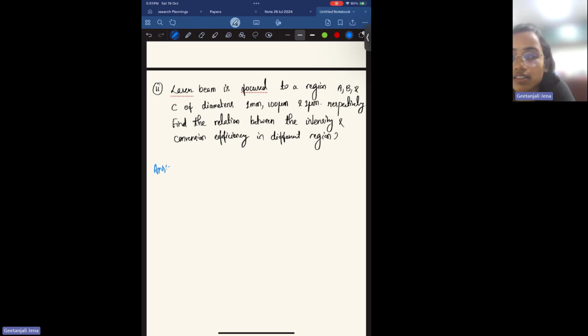The question says, a laser beam is focused to regions A, B, C of diameter 1 millimeter, 100 micrometer, and 1 micrometer, respectively. So you have three different regions A, B, and C, the focused region of the laser in these three different regions. Here it is 1 millimeter, here it is 100 micrometer, and here it is 1 micrometer.